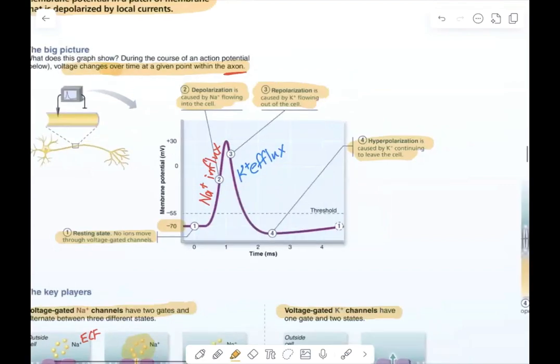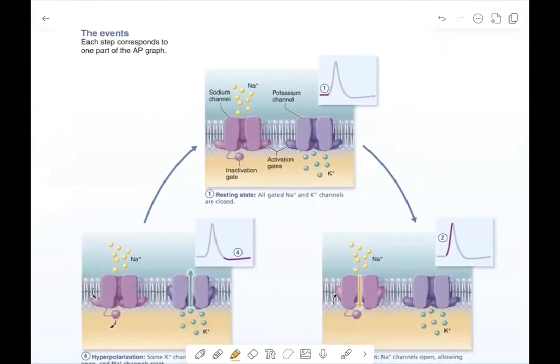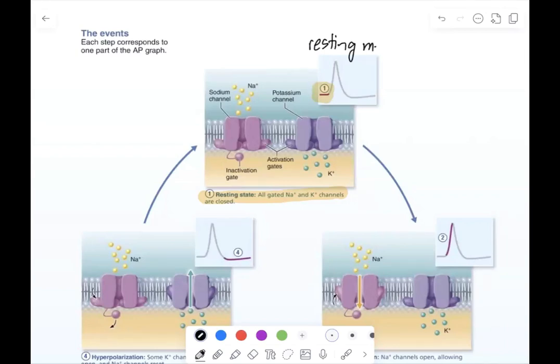On the right side of the slide, we see these events also, which show each of the states. So we have the resting state here, where the gated sodium and potassium channels are closed. Sodium has not entered yet, so we're still at number 1, at the resting membrane potential, which is negative 70 millivolts.